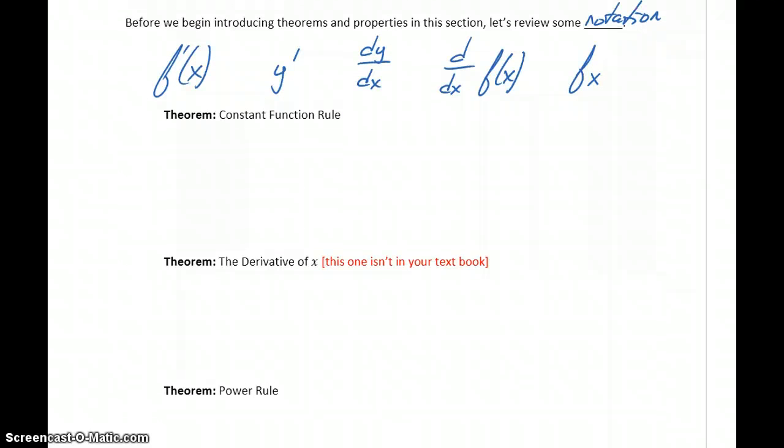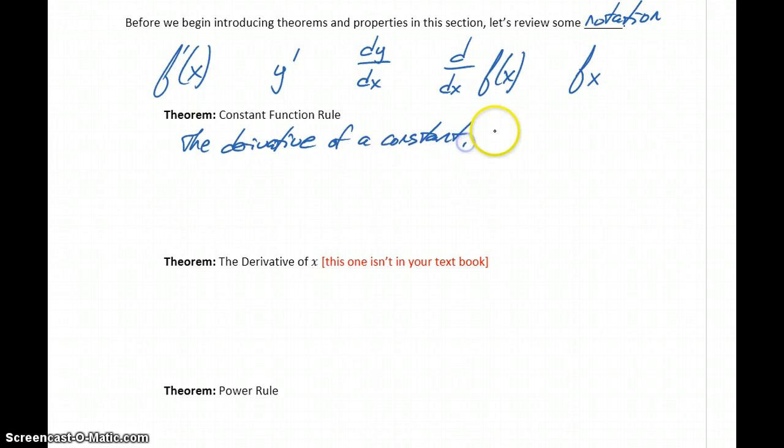So we have several theorems we want to introduce, which again will allow us to essentially take a shortcut to calculating derivatives of different types of functions. So first we have the constant function rule. And this rule tells us that the derivative of a constant c is always 0.